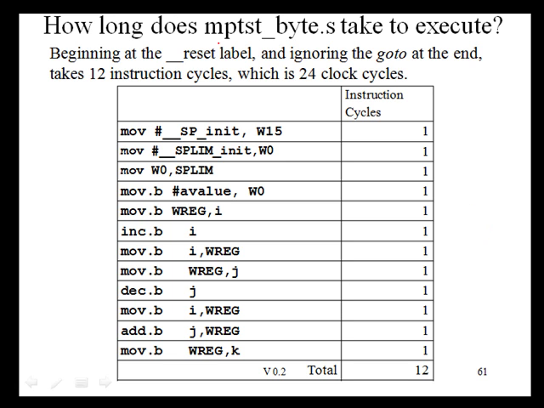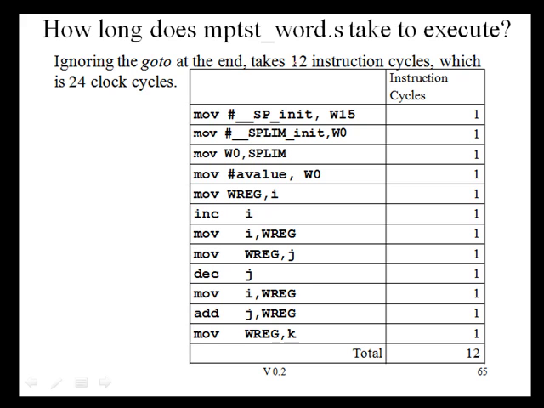If we look at our original implementation of our C program, the byte version of it, and include the instructions that initialize the processor, we find that this program takes 12 instruction cycles, which is 24 clock cycles. If we count the number of clock cycles for the word version of our C program, we find that it also takes 12 instruction cycles.